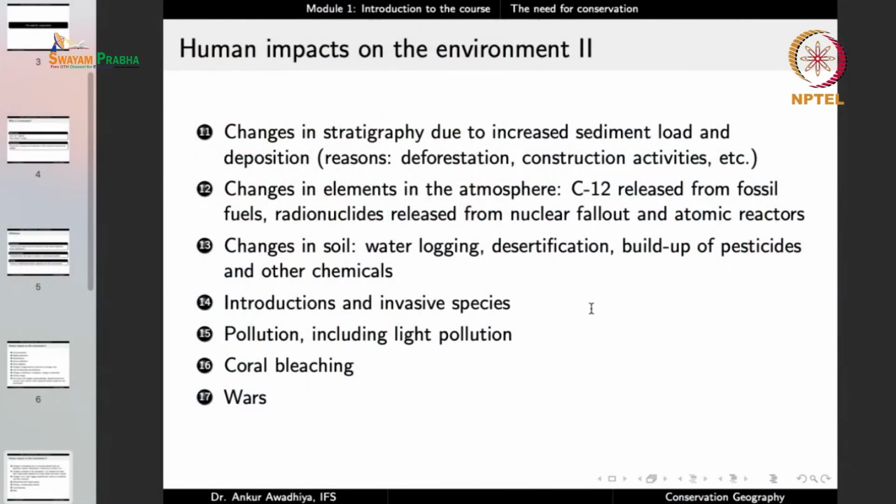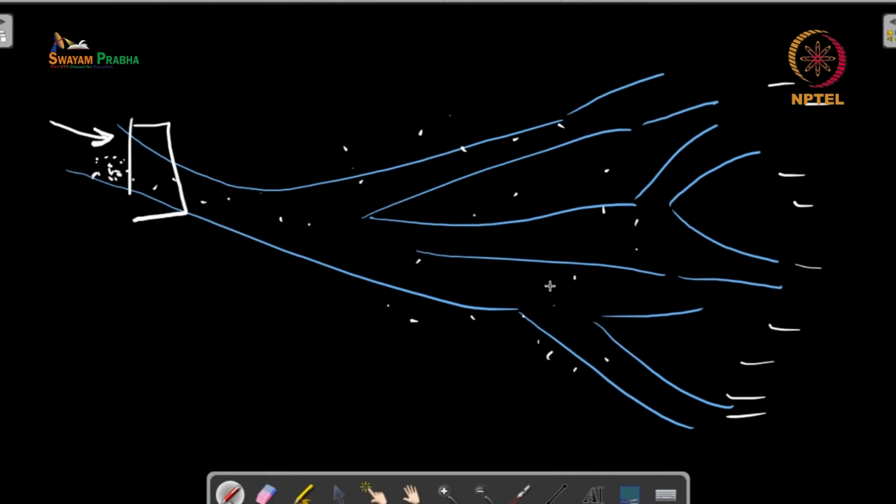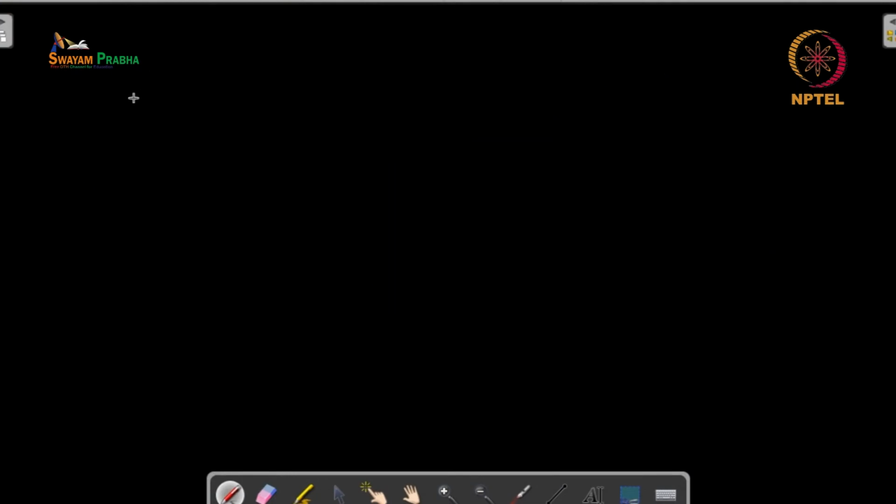So we are observing waterlogging, we are observing desertification, we are observing a buildup of pesticides and other chemicals. And in a large number of cases, these pesticides also bioaccumulate and biomagnify. What does that mean?